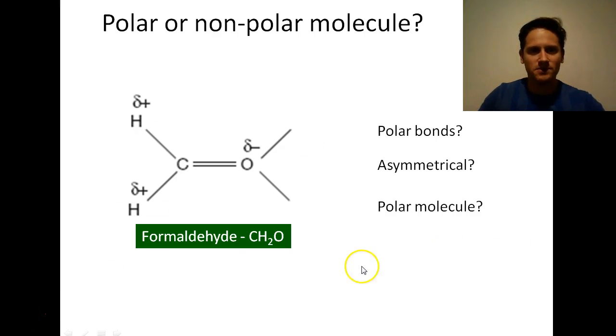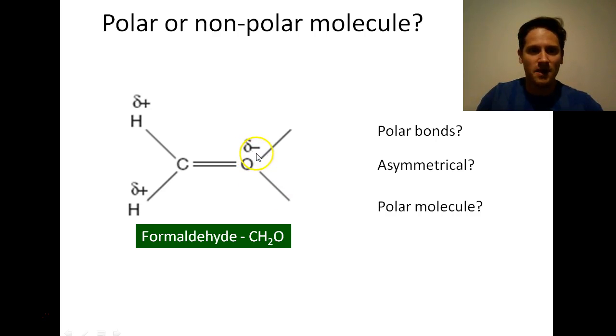Here's our next example. So this is formaldehyde, CH2O. Hopefully we figured out how to draw it. Carbon's the central atom because it has the highest covalency of 4, 2 bonds to the oxygen and single bonds to the hydrogen. First of all, to determine whether it's a polar molecule, do we have polar bonds? Yes, we do.